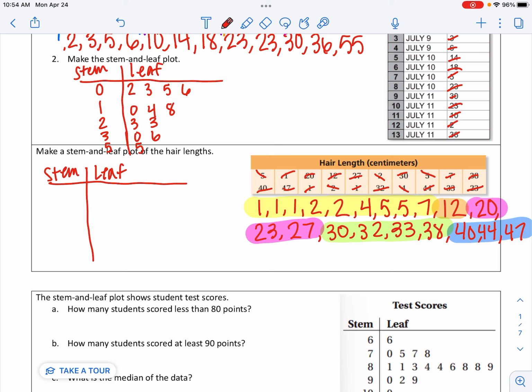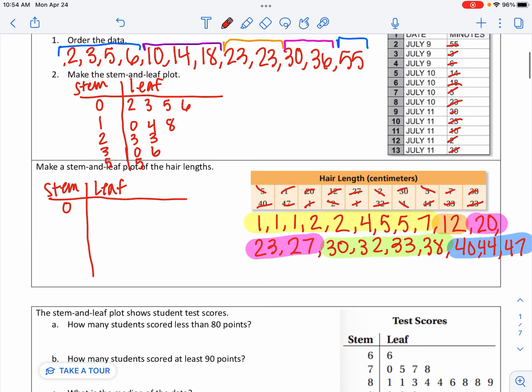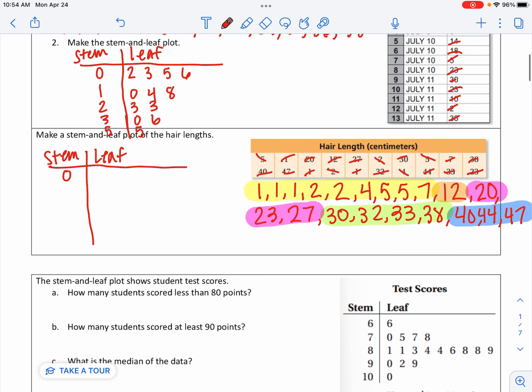And so I know I have 0. Then we have 1, 2, 3, and 4. Okay, so with my 0, I have all of the ones that I highlighted in yellow.